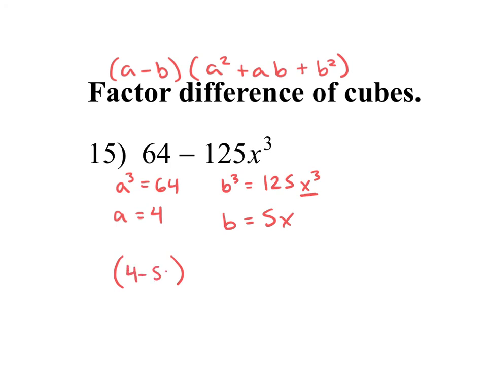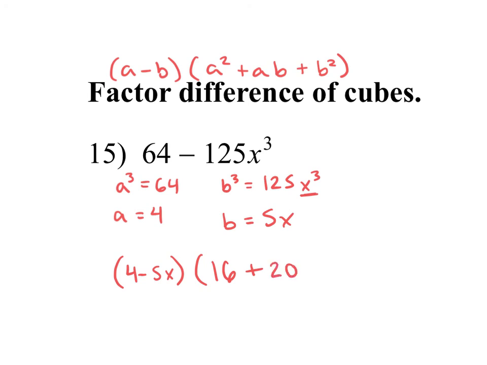4 minus 5x. And then a squared? Four squared. What's 4 squared? 16. And then a times b. How do we write a times b? 20x.